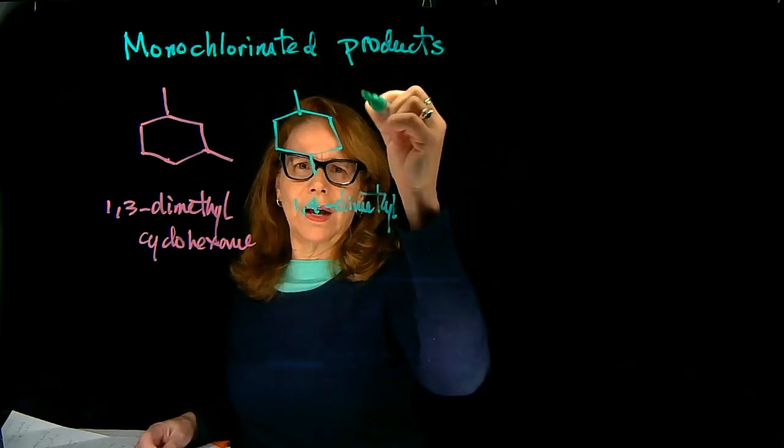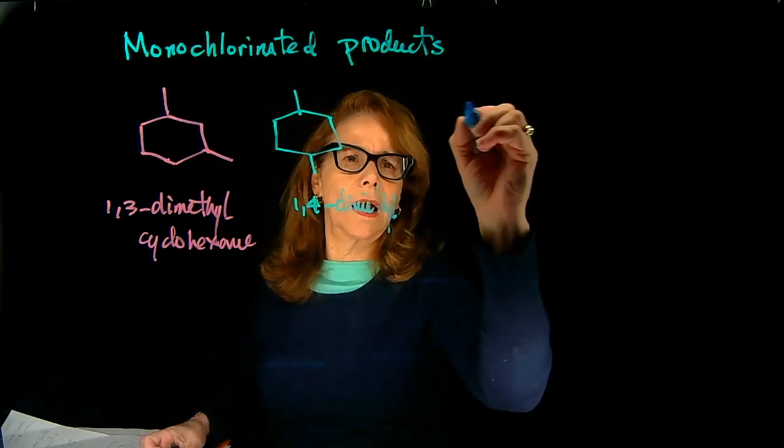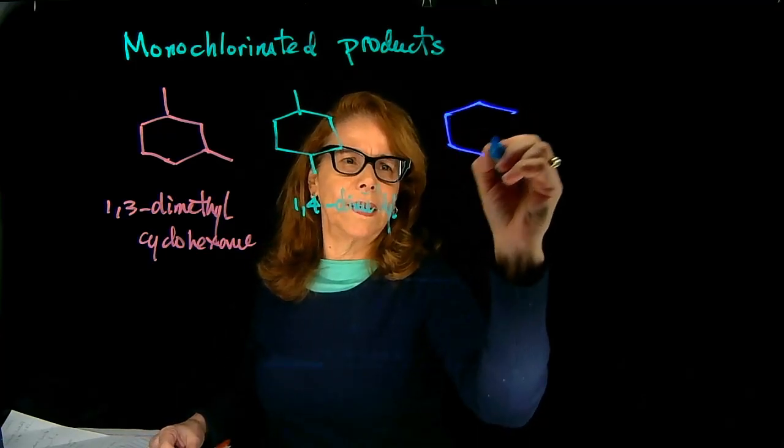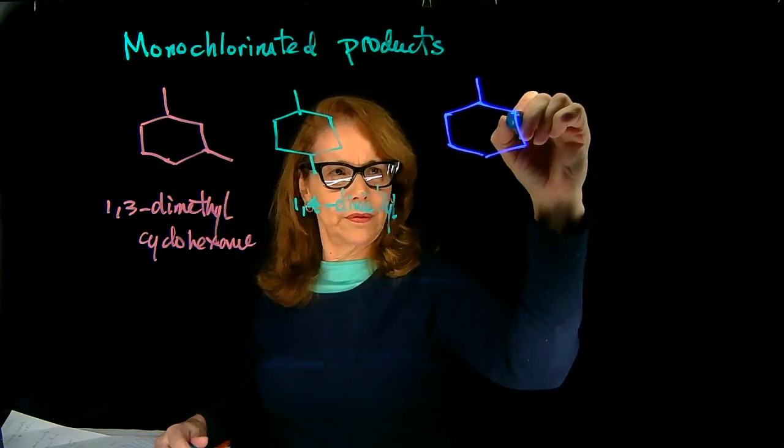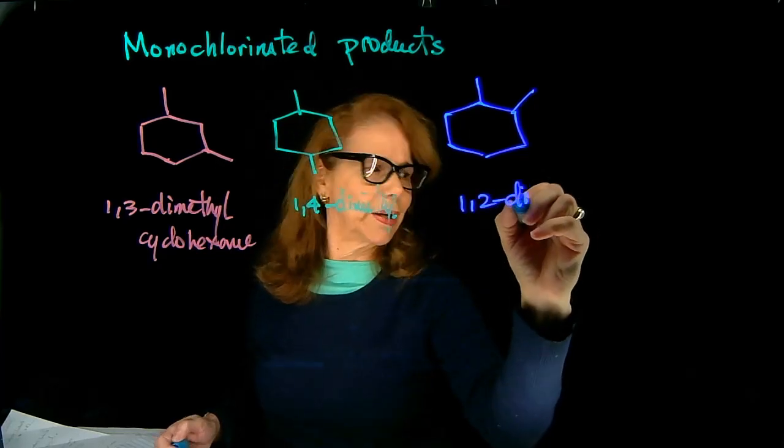And here the next one is the 1,2 constitutional isomer, so 1,2-dimethylcyclohexane.